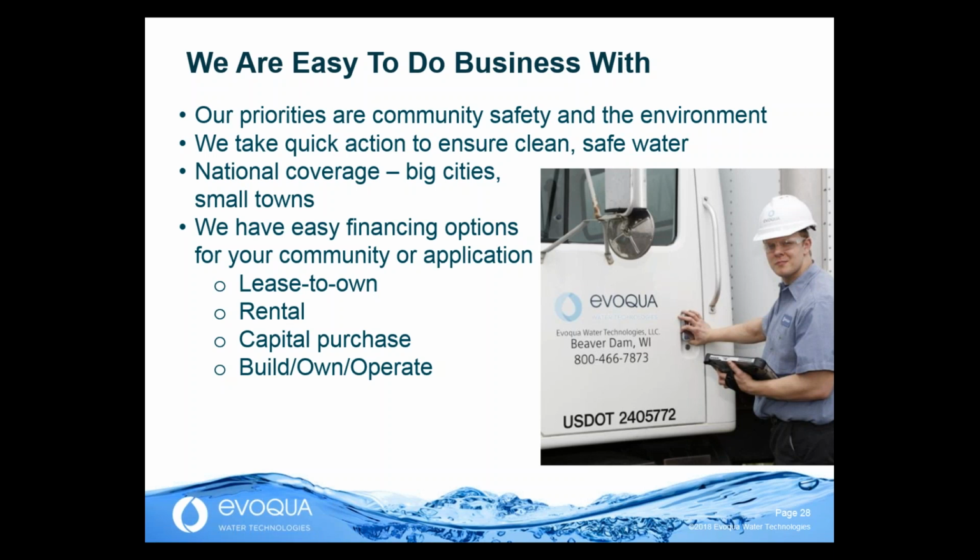In the example of GAC, we've talked about TOC being a competition for those PFAS absorption sites. If it's a high TOC water, you're going to want to consider resin. If it's, for example, water with high TDS, you're going to have more competition for the ion exchange sites, so you might want to look at GAC in that situation.